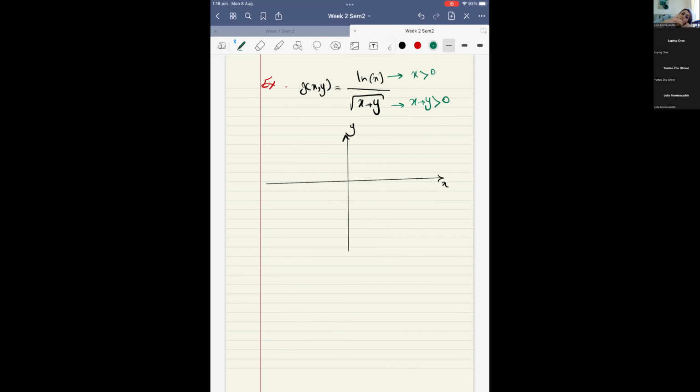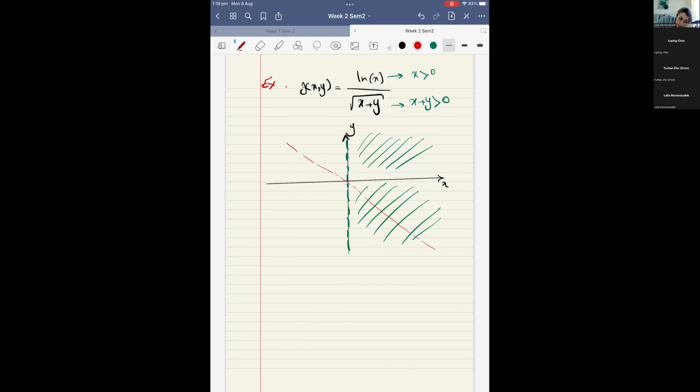If the denominator gets 0, you don't have any answer. Now let's do the domain. x equals 0 would be this line. I put a dash line because x is more than 0. I don't want x equal to 0. And it would be all this part.